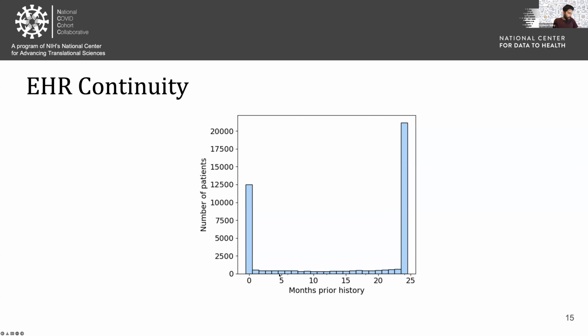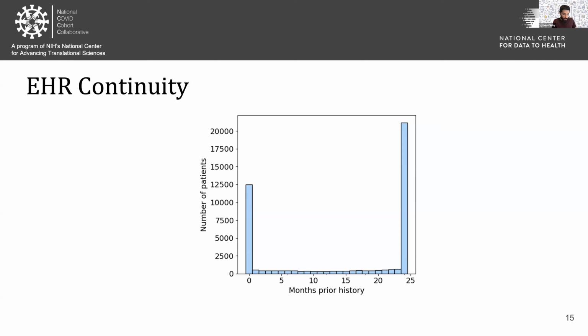And then we have a number of patients that are moderately uniformly distributed between 1 and 23 months. And then we have another large peak at 24. Now that large peak at 24 simply means that it's really 24 months plus. And that's because of how the prior history is structured in the enclave, which is that data are transmitted going back to January of 2018.